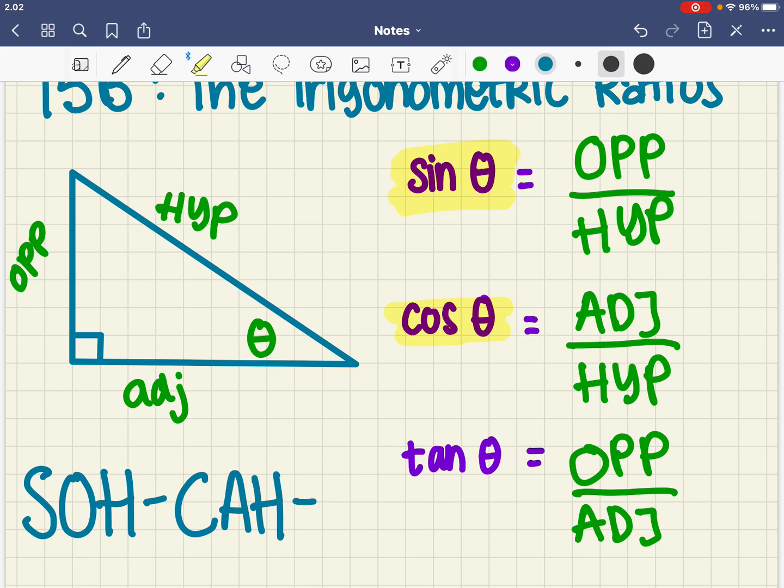And then tangent is opposite over adjacent. So that's tangent opposite over adjacent. So I would always chant SOHCAHTOA so that I remember these ratios here, and you should too, because I have not forgotten this since middle school when I learned these. So SOHCAHTOA, this is how you remember it.